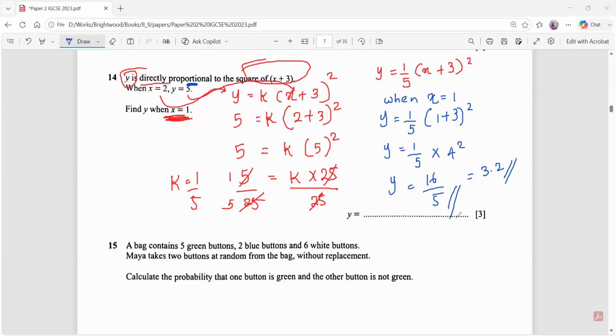Is that clear? They have given it as what? Directly proportional. You can write it as this.